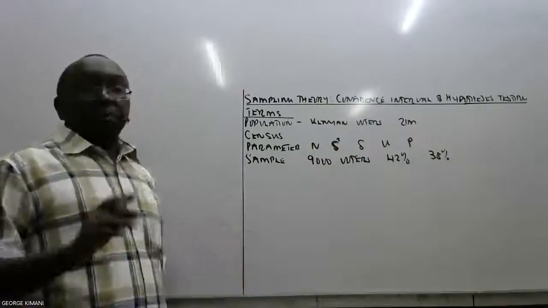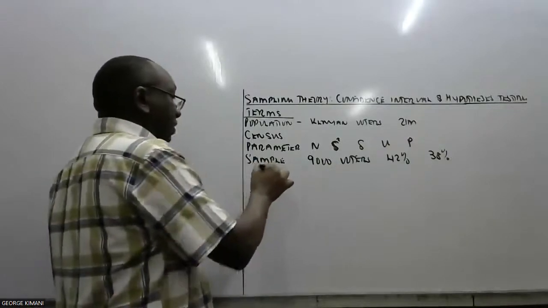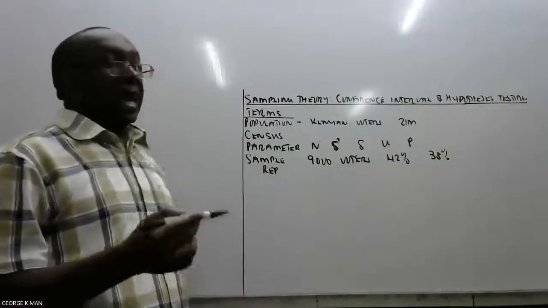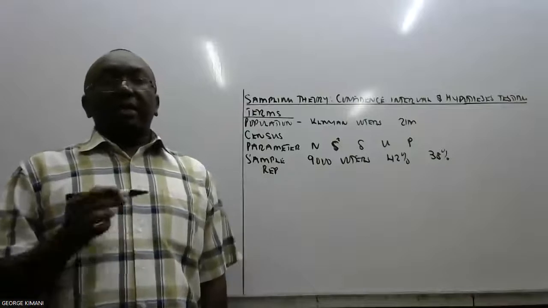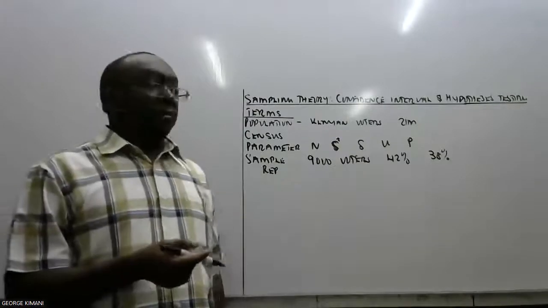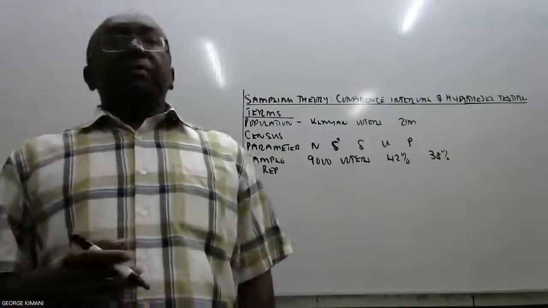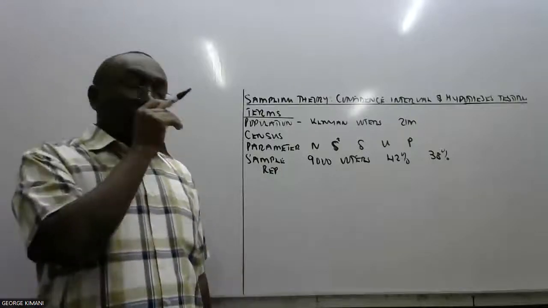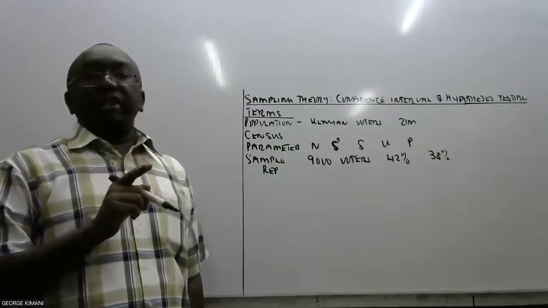Now, a good sample must, number one, be representative. Representative means it must exhibit characters of the other members. You see, even in a class like this one, you may find, although now you are not very many, what I'm saying may not really apply, but you have been in classes where you are many. In a class where we are many, there is this particular person who talks to almost everyone.